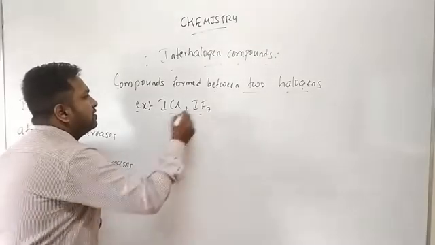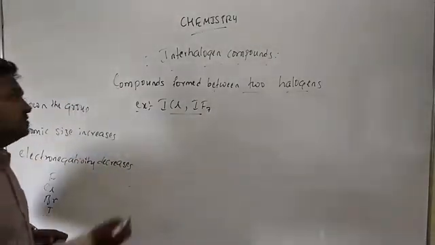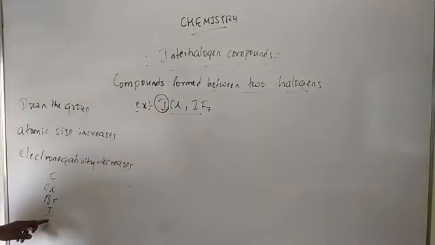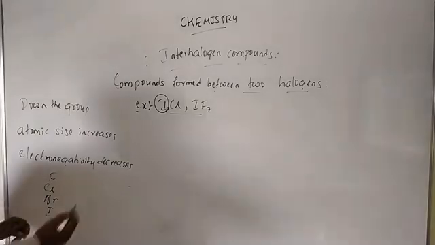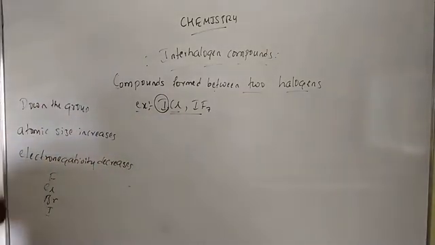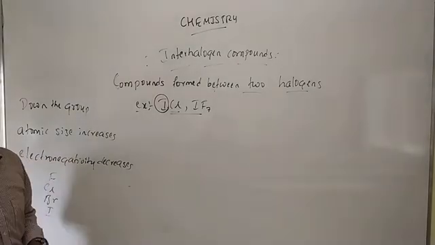So in order to write the interhalogen compounds, the first halogen should be higher in size or lower in electronegativity, and then the second halogen should be lower in size or higher in electronegativity. Clear?